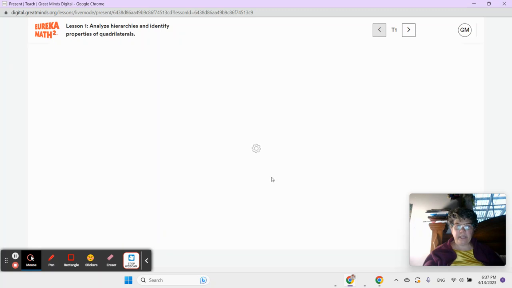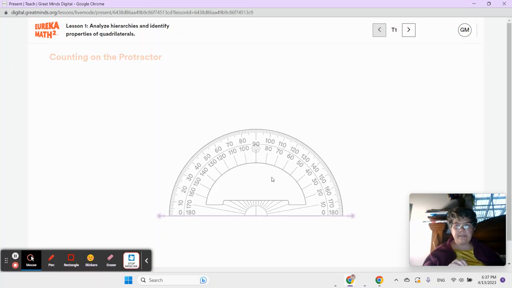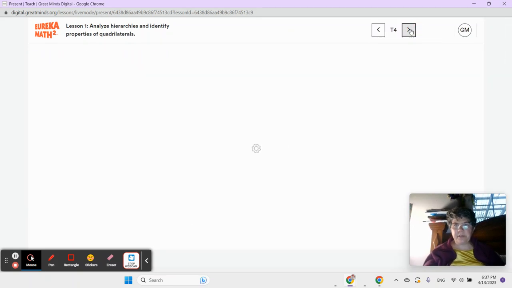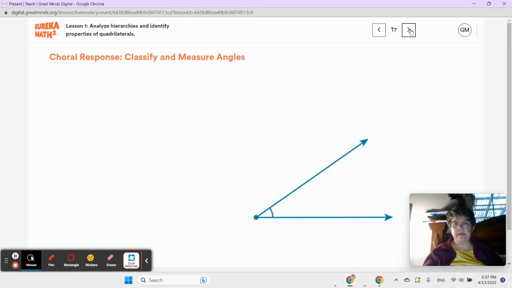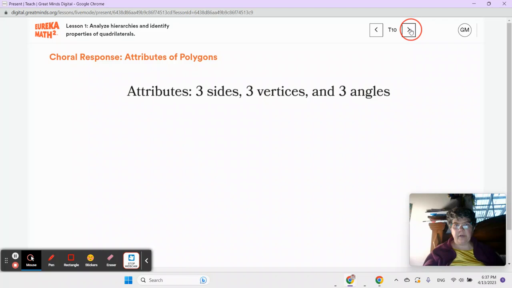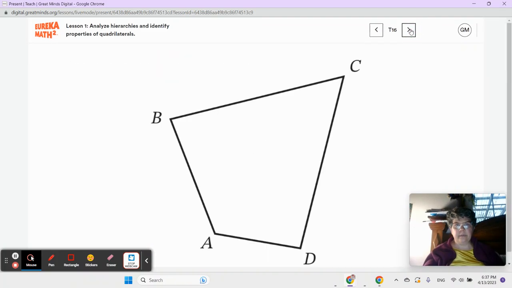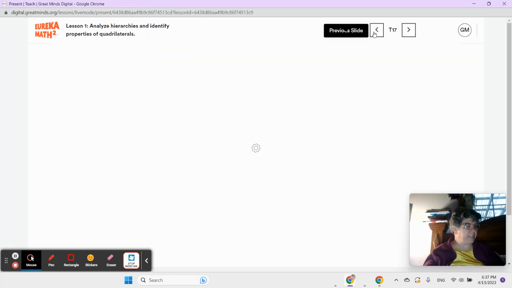Hopefully it will open quickly. We are working on classifying two-dimensional shapes according to their properties. There we go. I think that's the one we wanted.